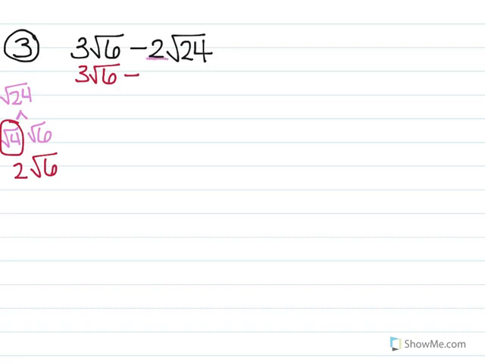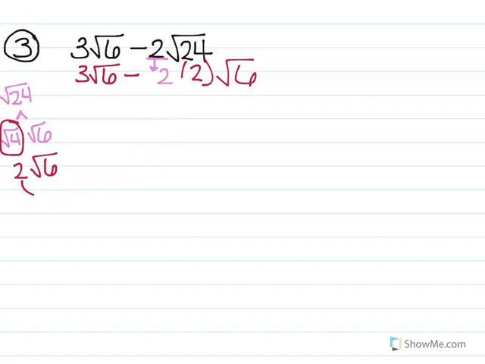We have a 2 here already, so that 2 needs to come down, and it is going to multiply with the 2 that gets brought out from 2 radical 6, and then we're going to simplify this.